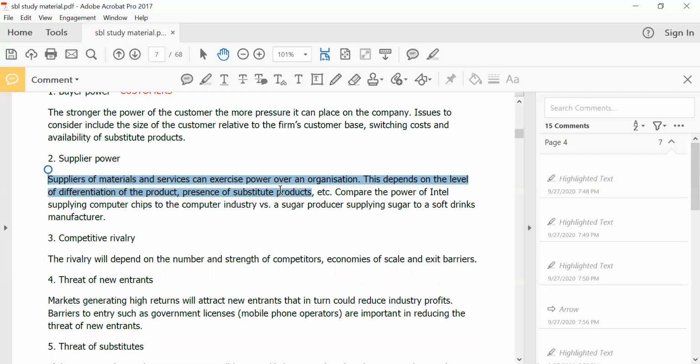This depends on the level of differentiation of the products, and the presence of substitute products, right? So it tends to affect the business.